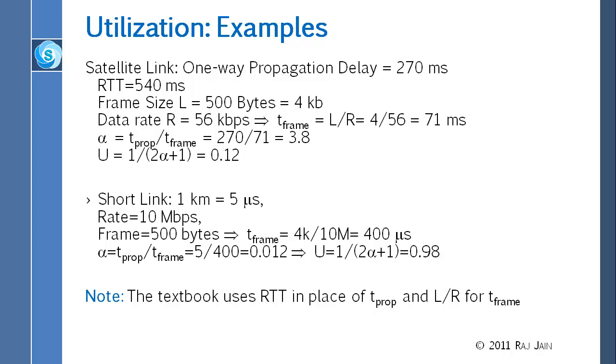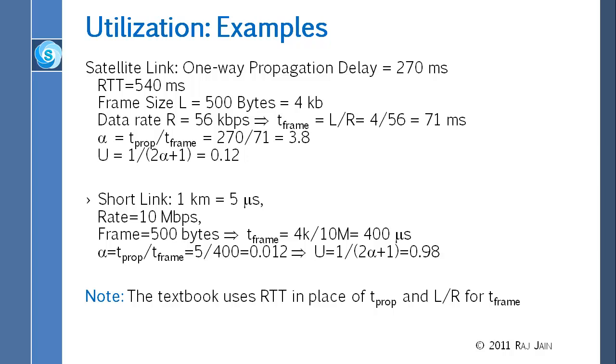Now, another interesting thing is, what about the speed? If this was slow speed, let's say this example was 10 megabits, so that's why it came out to 400 microseconds. But suppose it was 1 kilobit or something like that. If it was 1 kilobit, then this time would be 4 kilobits divided by 1 kilobit, which would be 4 seconds.